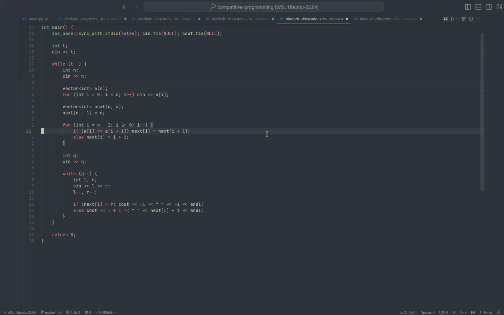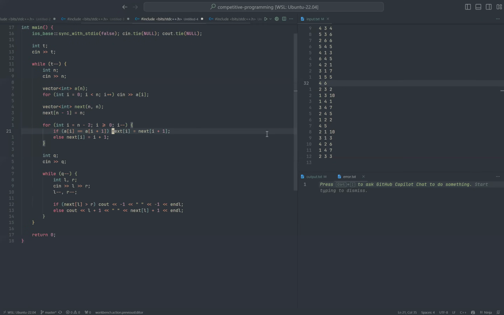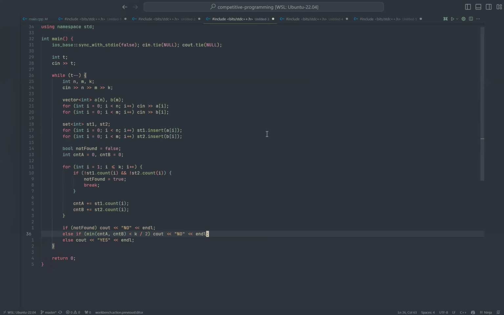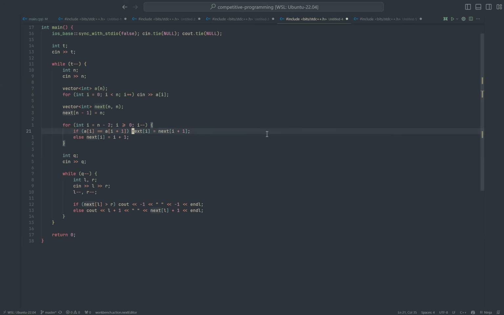What we are doing here is, for finding out the next of i, let me make it full screen. For finding out the next of i, I wanted next of i plus 1 to be known already. These two things are going to be the same.